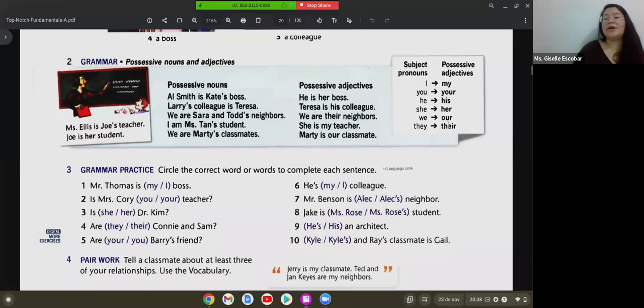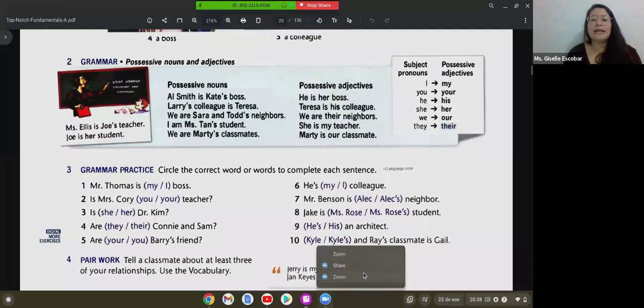Using their. Their boss is late for the meeting.